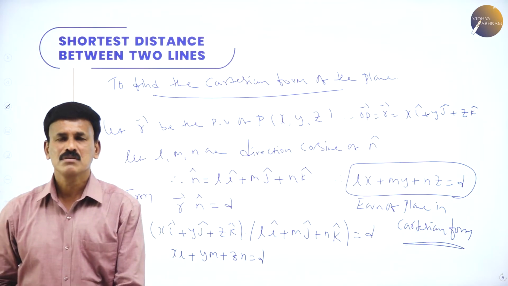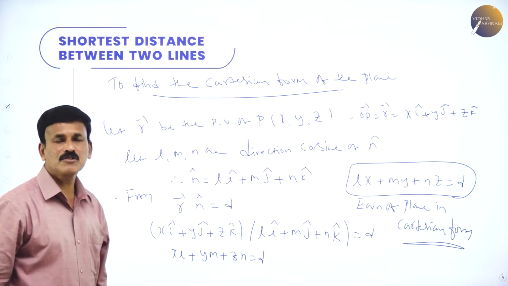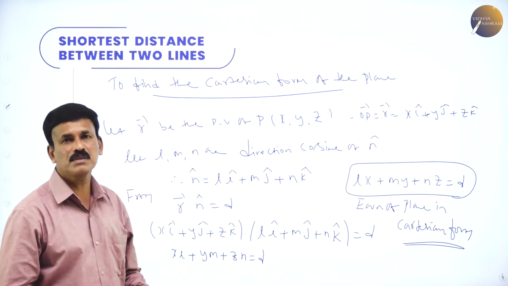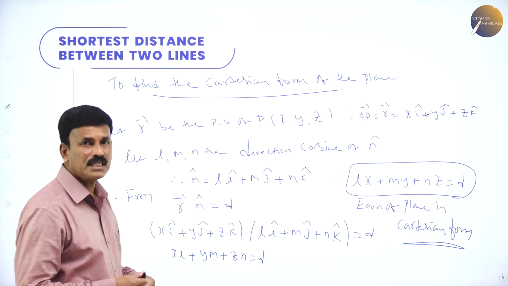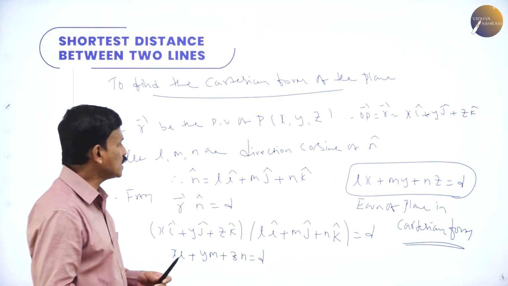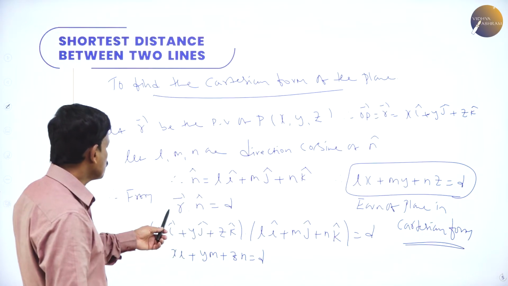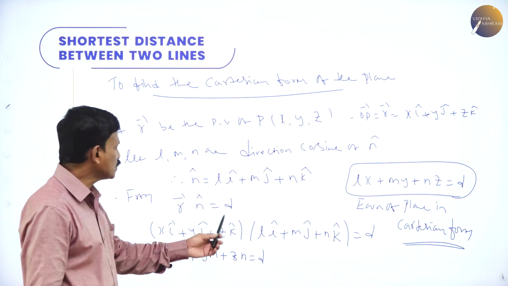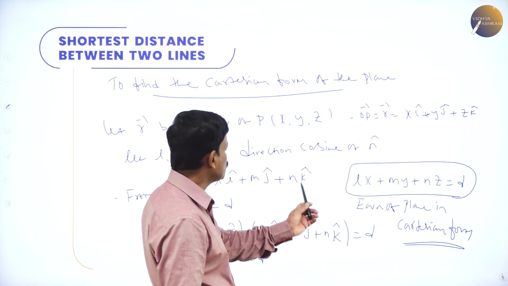So this is a very important derivation. See here, let P be the position vector of the point (x, y, z), that is vector OP is equal to xi plus yj plus zk, and let l, m, n be the direction cosines of n cap. So n cap is equal to li plus mj plus nk cap. From the vector equation r dot n cap is equal to d, substitute the value of r is equal to xi plus yj plus zk, dotted with n cap, which is l i cap plus m j cap plus n k cap, is equal to d.